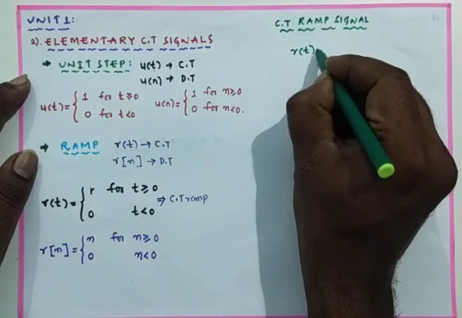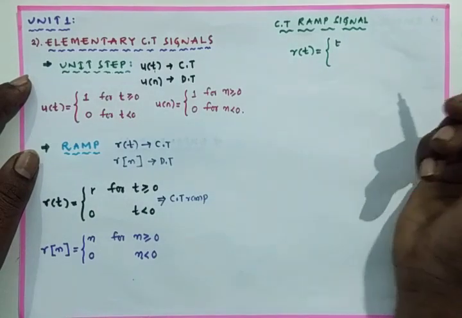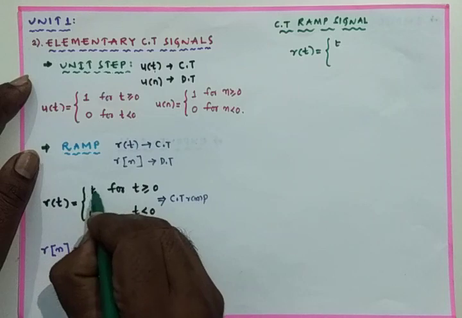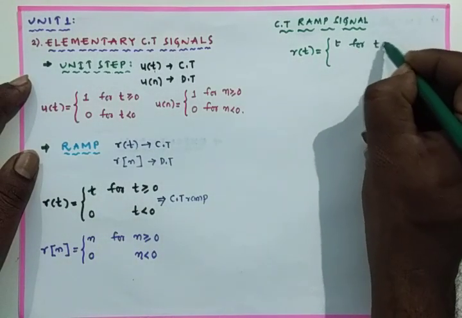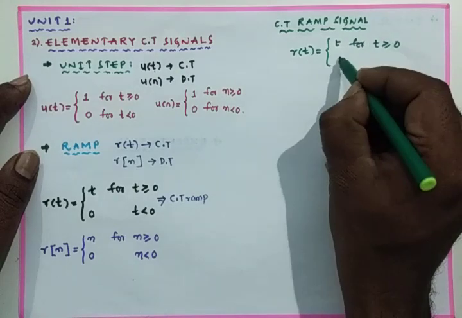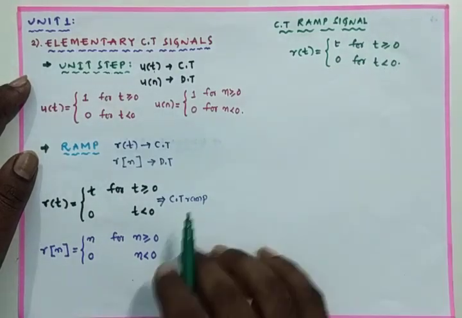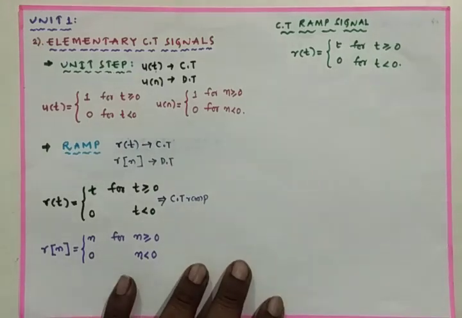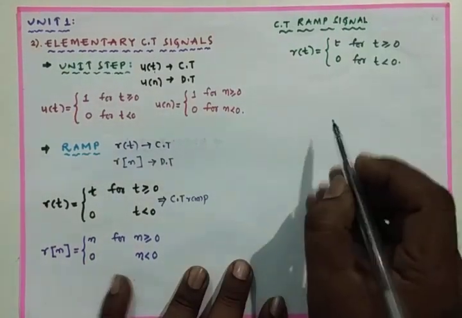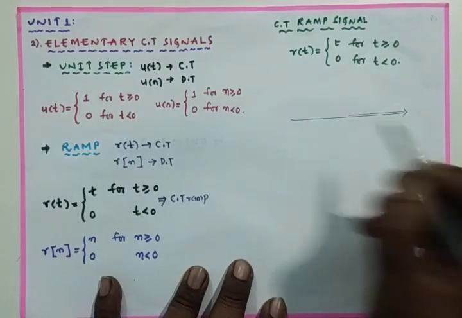R of t is equal to t for t greater than or equal to 0, and 0 for t less than 0. This is the continuous time ramp signal. I am going to represent that signal in graphical representation.